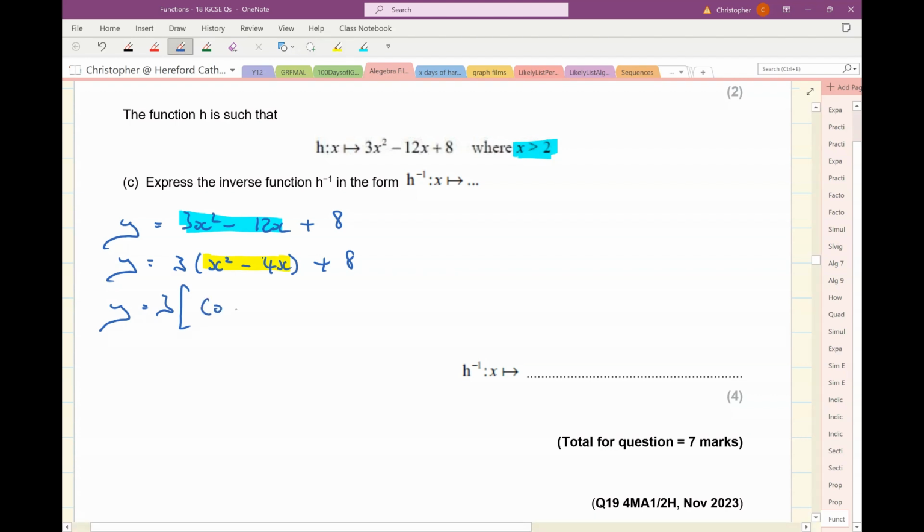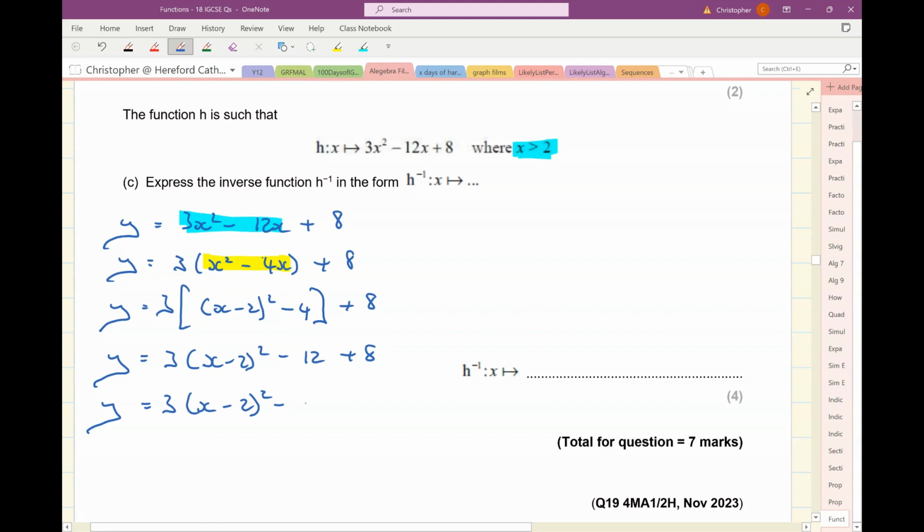Well, that's going to be x minus 2 squared, because that's x squared minus 4x, but then I'll have an extra plus 4, so I should minus that away. Plus 8. Right. Let's carry on simplifying that, shall we? Multiply out this big square bracket. 3 lots of x minus 2 squared minus 12 plus 8. So y is 3 lots of x minus 2 squared minus 4.